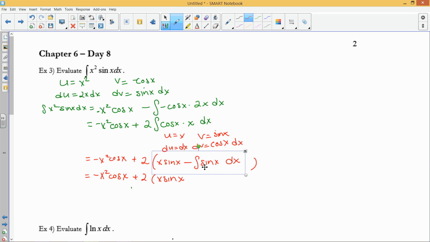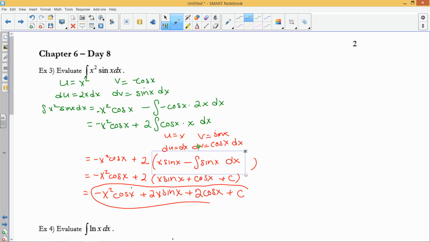The antiderivative of sine x is negative cosine x. There's a negative there already, so I'm going to make it a plus cosine x plus c. Distribute my 2: negative x squared cosine x plus 2x sine x plus 2 cosine x plus c. And that is the antiderivative of x squared sine x dx.